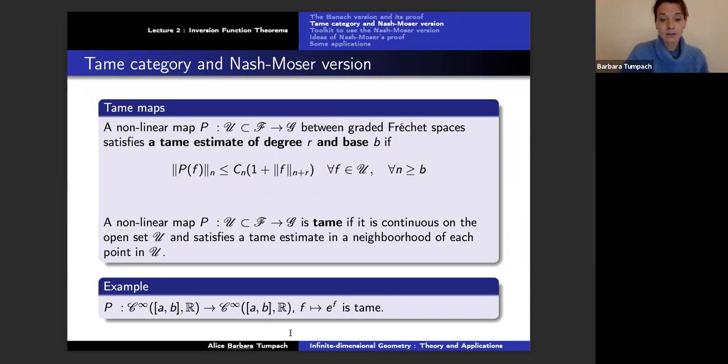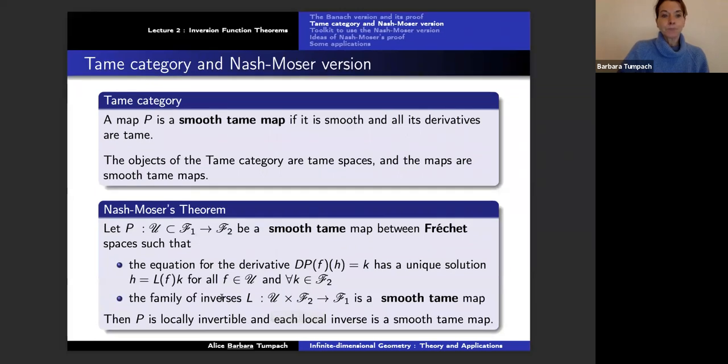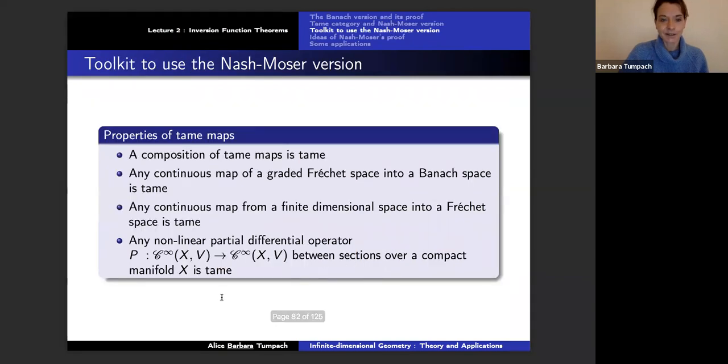So here is an example: taking f and taking the exponential of f is a Tame map between the space of smooth mappings on an interval AB. So the Tame category is given by Tame spaces and Tame smooth maps. Now the Nash-Moser theorem is proved in this category, so I go through it.